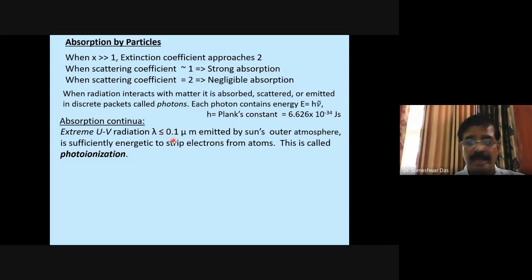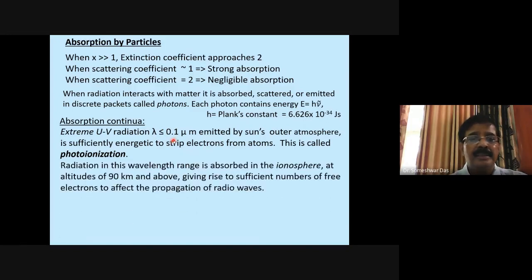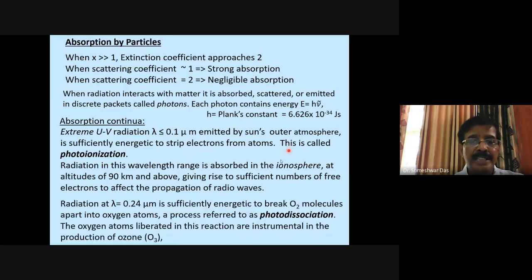Radiation in this wavelength range is absorbed in the ionosphere at altitudes of 90 km and above, giving rise to sufficient numbers of free electrons to affect the propagation of radio waves. You have studied these things in your physics, I'm sure. Radiation at a wavelength of 0.24 micron is sufficiently energetic to break oxygen molecules apart into oxygen atoms, a process referred to as photodissociation.